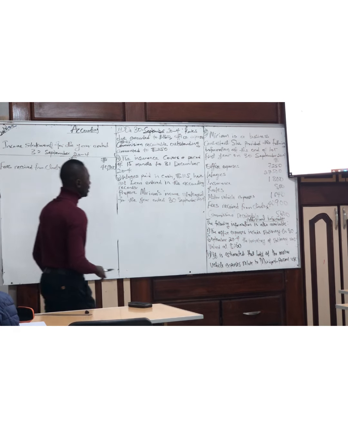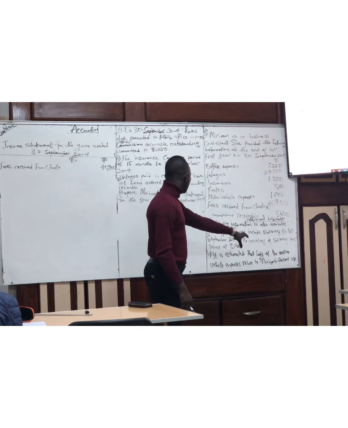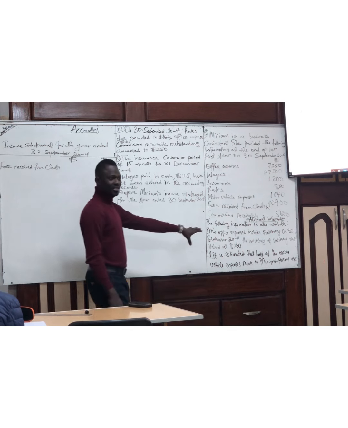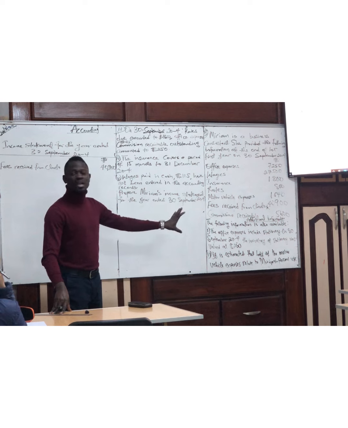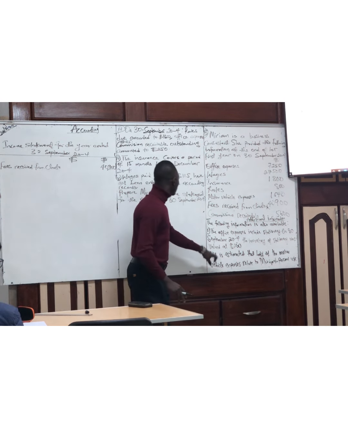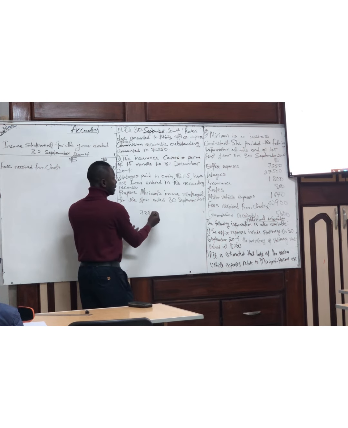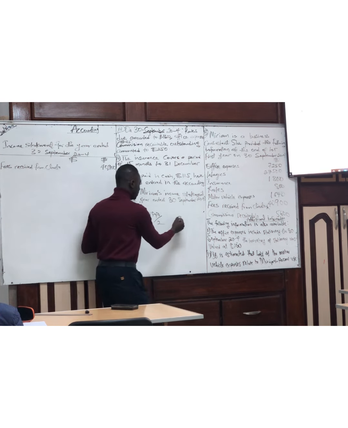Now, here they said it is estimated that half of the motor vehicle expenses relate to Miriam's personal use. So half of the motor expenses, what is the motor expenses? 1,840 divided by 2 is 920.